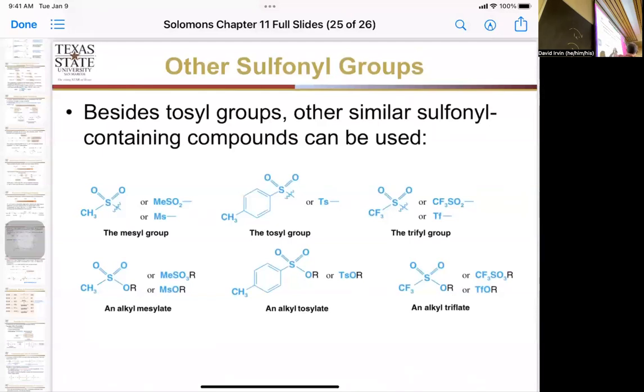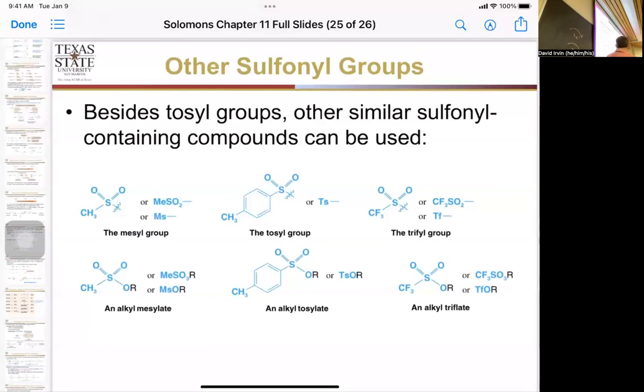And then, of course, we have the tosylate. And then we also can put a trifluoromethyl group here. What that does is pull electron density around through induction and make it an even weaker base. It's going to make it a stronger acid, but a weaker base. So all 3 of these can be seen in your textbook.